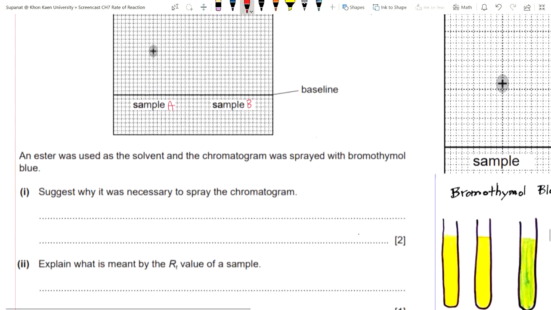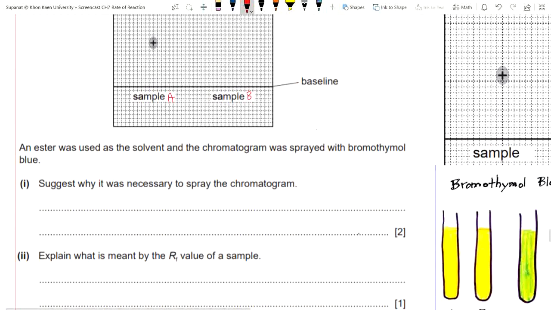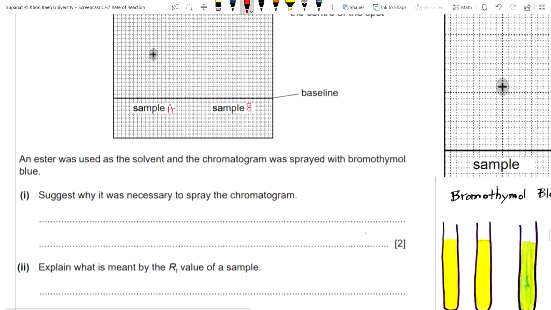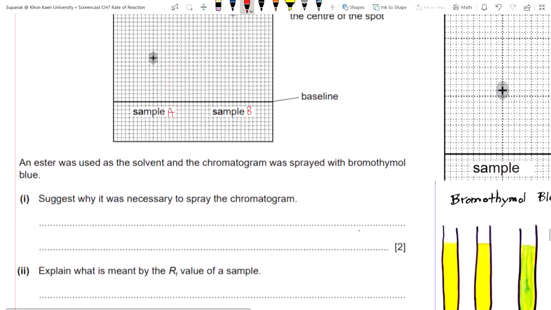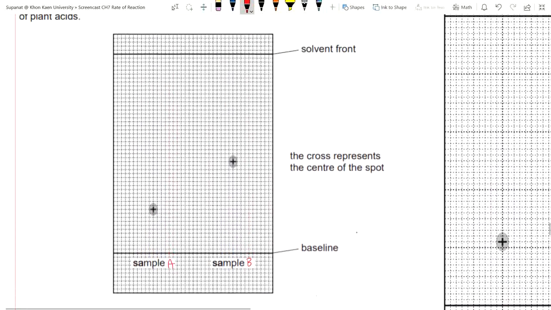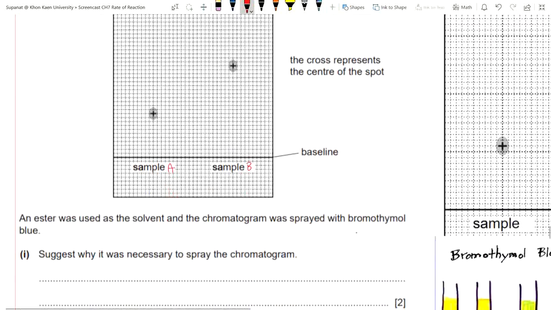Question: suggest why it was necessary to spray the chromatogram. Why do we need to spray the chromatogram? Because the sample, the mixture, is colorless, right?